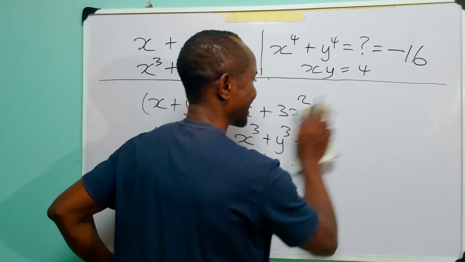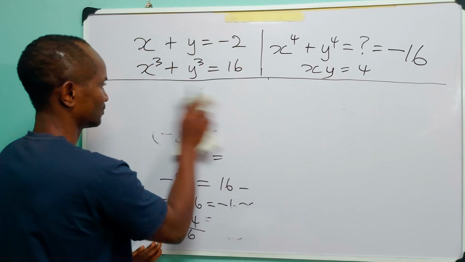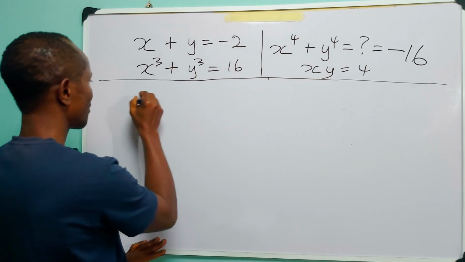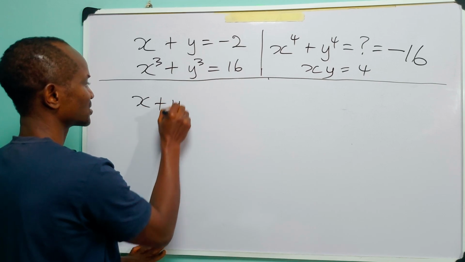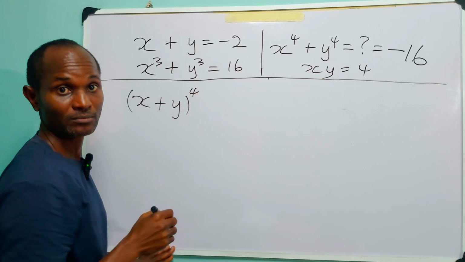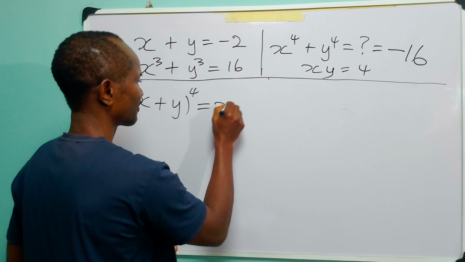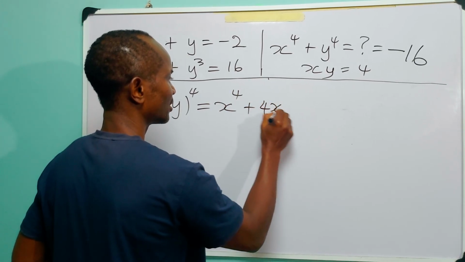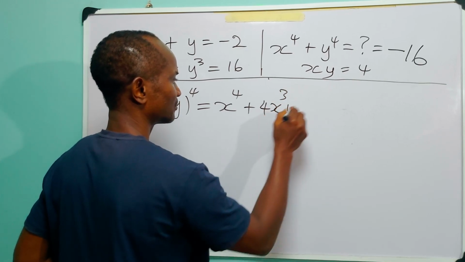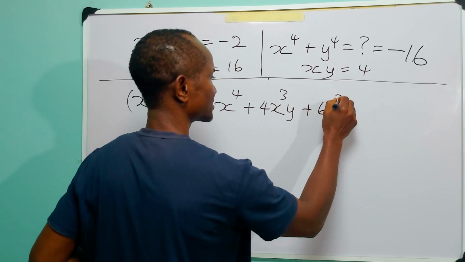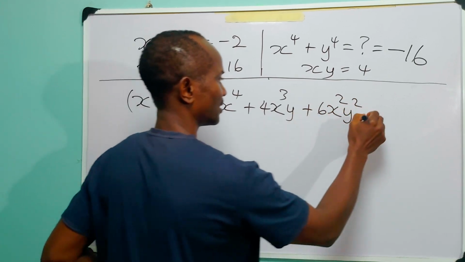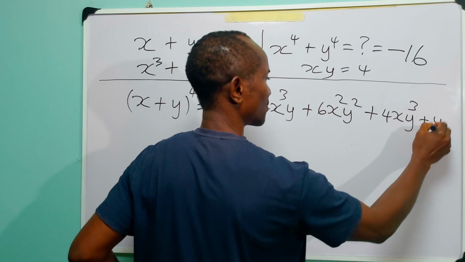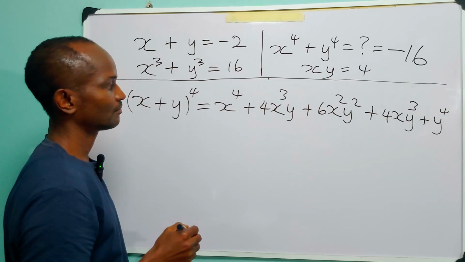Now we go over to the expansion of x plus y raised to power 4. And this is equal to x raised to power 4 plus 4x cubed y plus 6x squared y squared plus 4xy cubed plus y raised to power 4.